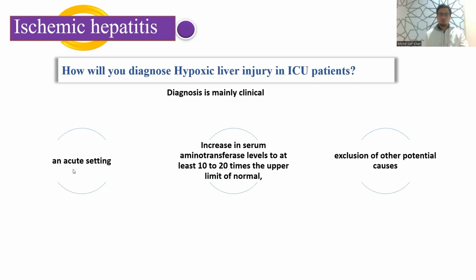Okay, so other causes of hepatitis should be ruled out. Then only can you be sure about ischemic hepatitis. So these three important clinical cornerstones should be fulfilled before you designate that a patient is having hypoxic liver injury.